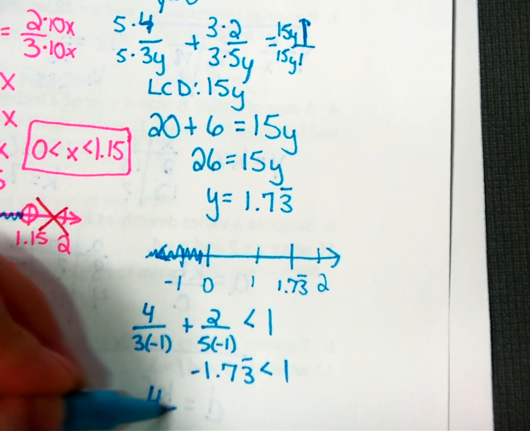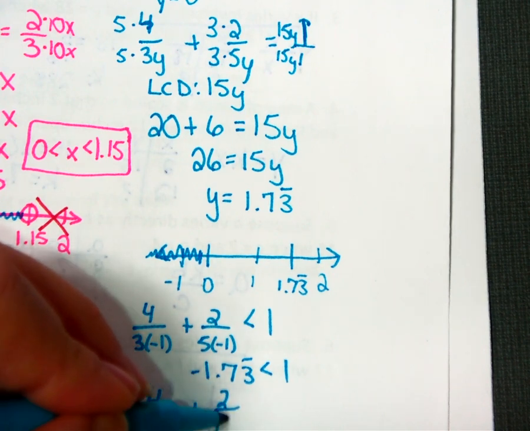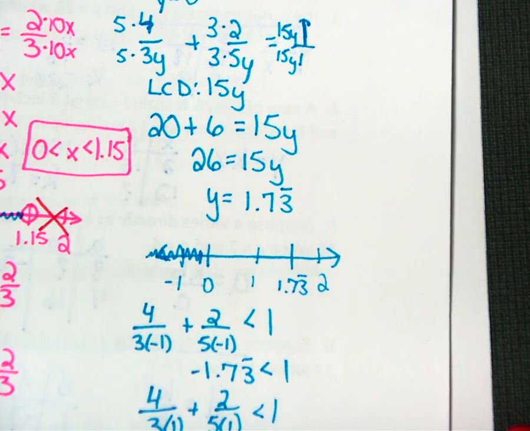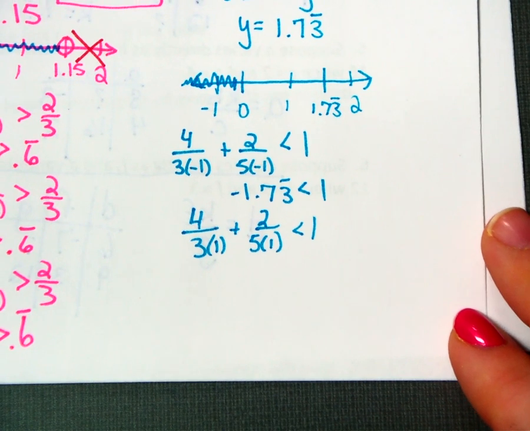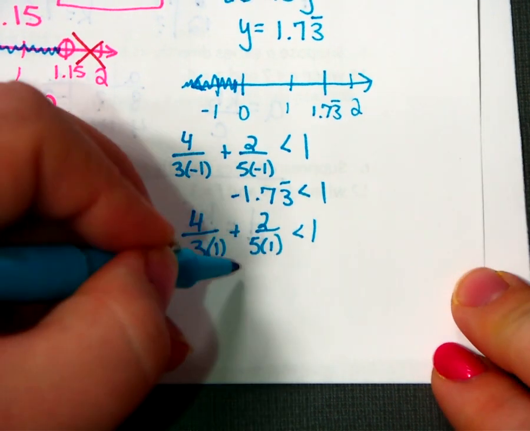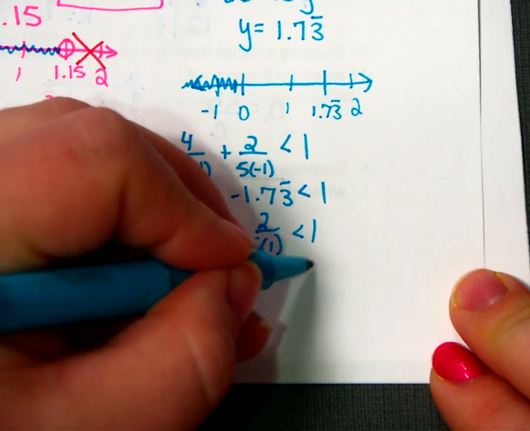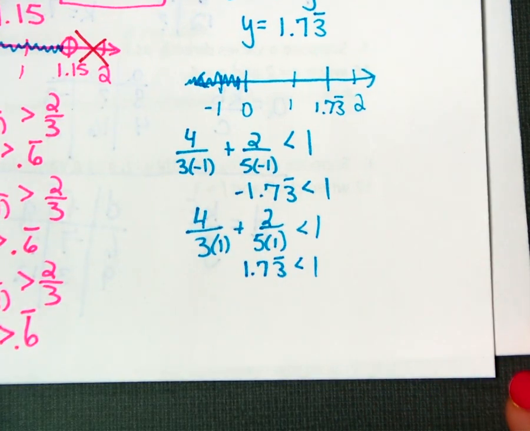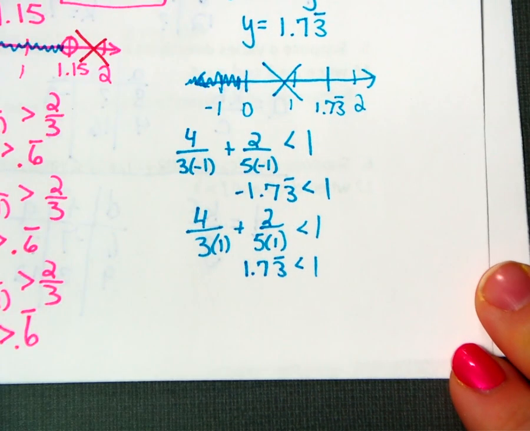Let's plug in 1. So 3 times 1 on the bottom and 5 times 1 on the second fraction. So I have 4 divided by 3 plus 2 divided by 5 gives me 1.73 repeating is less than 1, which is not a true statement. So nothing in between works.